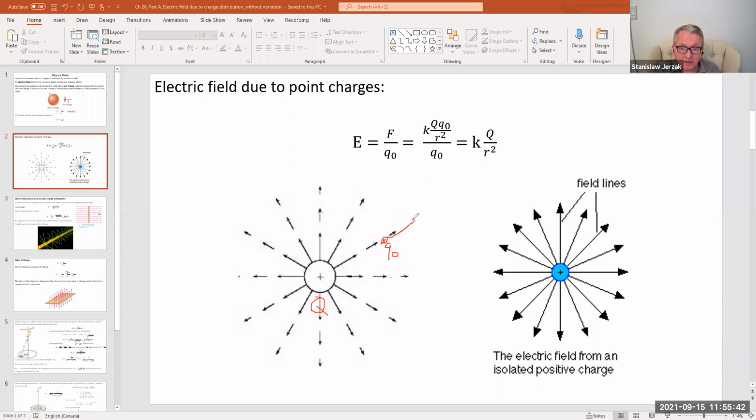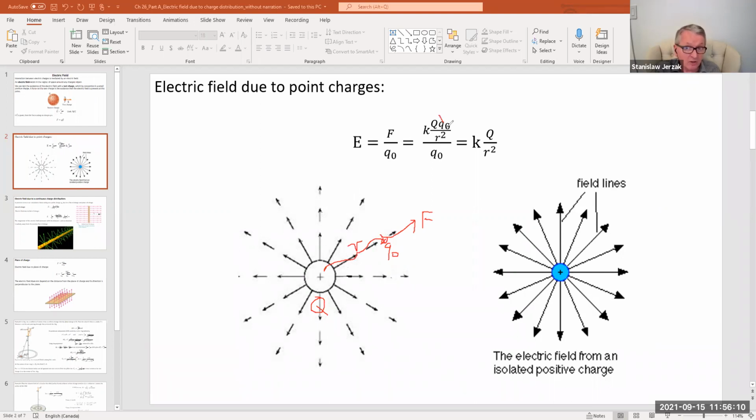The force would be radially away. That would be the force acting on that charge Q0. And then by definition, electric field at that point, where I put that charge Q0, would be F divided by Q0. F by Coulomb's law is K, capital Q times Q0 divided by R squared. This is the distance between these two charges, that is R, and divided by Q0.